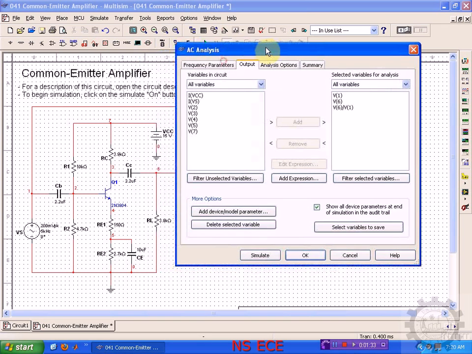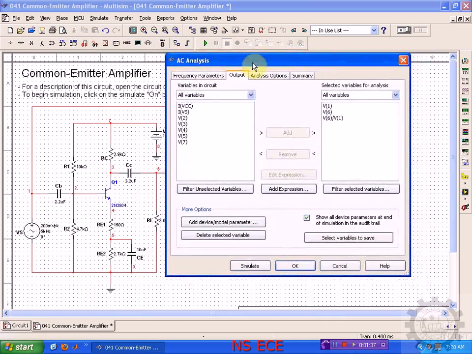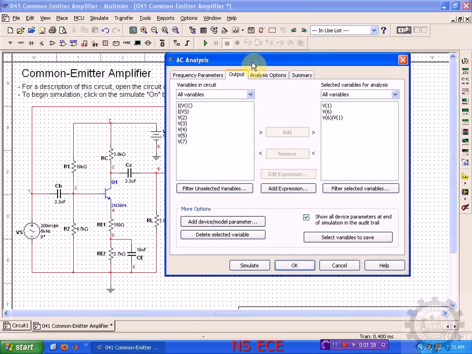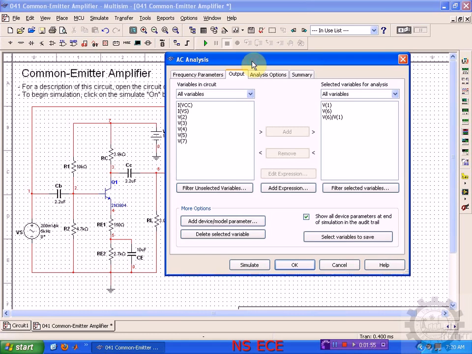Next, in the output tab, my interest is just to study the AC analysis, that means the frequency response of my amplifier. Generally, the frequency response of the amplifier is a plot between frequency versus the gain. Here gain is nothing but V(6) by V(1), that is output voltage by input voltage.